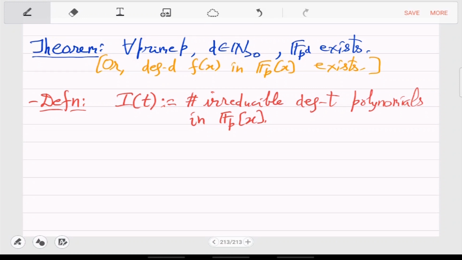Yeah, so we'll need more properties before we can even begin to count. So let me write this first. So let G(x) be degree t irreducible.